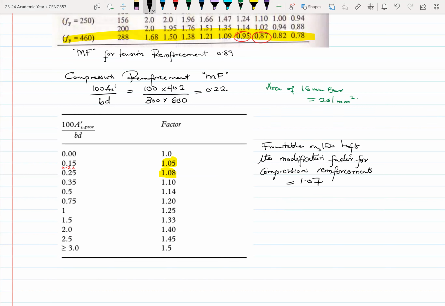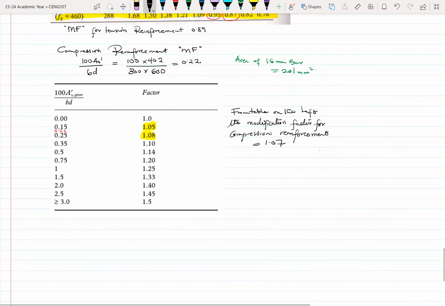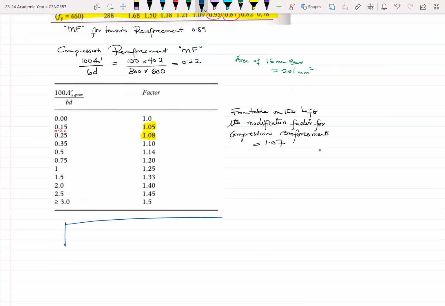Okay. So once we have that, now we can determine our span to depth ratio, right? So it becomes our limiting span, which is all that we'll be trying to do on this file, and put into this box here.